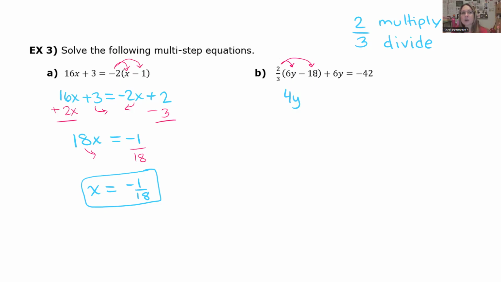So let's divide first. What is 18 divided by 3? 6. What's 6 times 2? 12. Okay, you can do it in any order and there's a negative sign, so don't forget the negative sign. So you just have to multiply by the top number and divide by the bottom number. And that's how you multiply by a fraction.